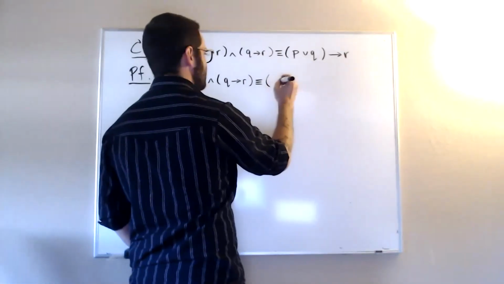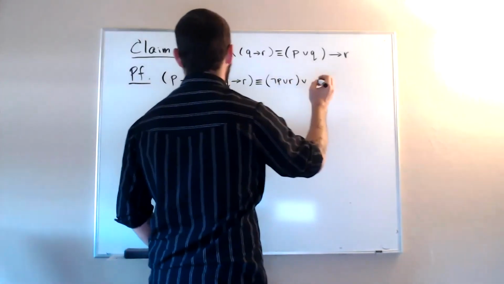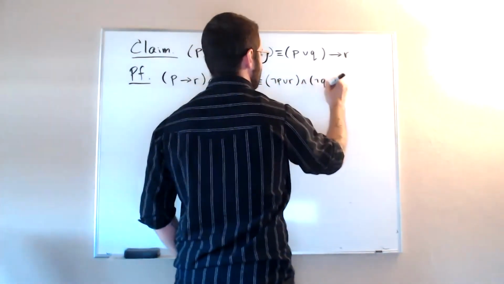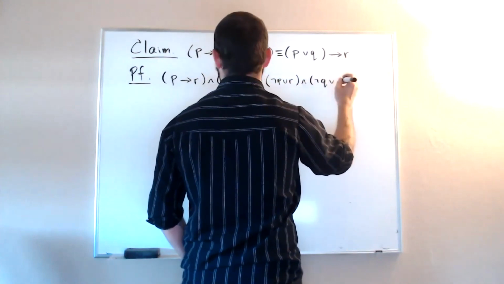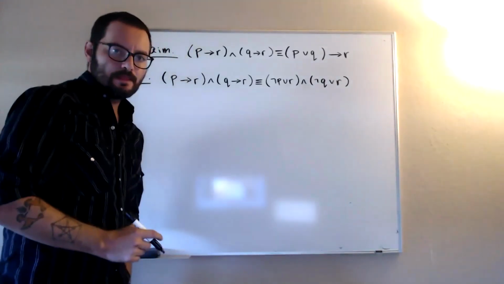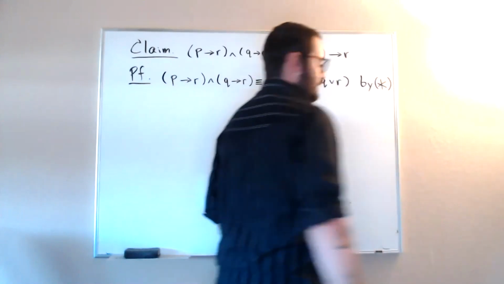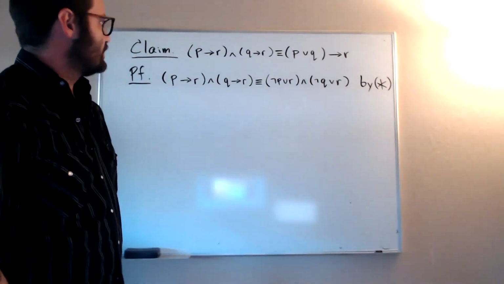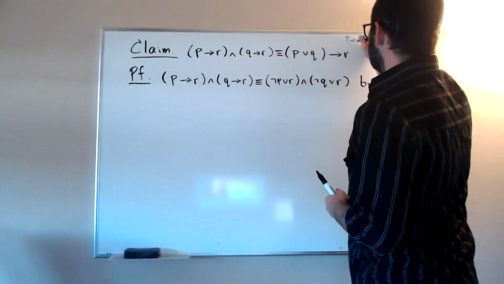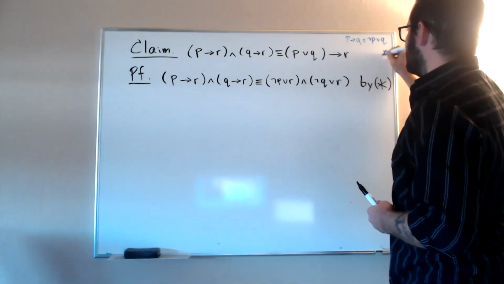So this is logically equivalent to not P or R, and not Q or R. And this was by star. That's the rule that, if you recall, if P then Q is logically equivalent to not P or Q. So I call that rule star.